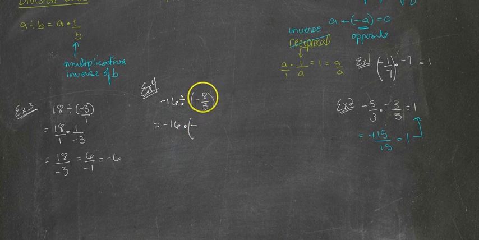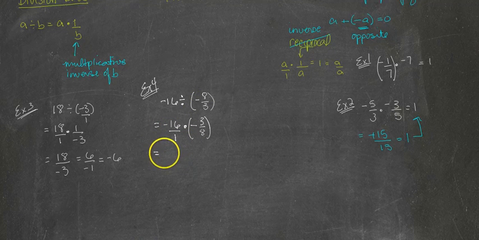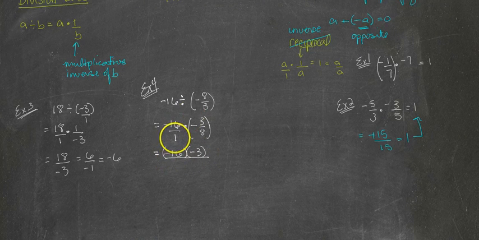So you can see that the multiplicative inverse is just the reciprocal of the fraction that you have. And that equals negative 16 times negative 8, over 1 times 3.